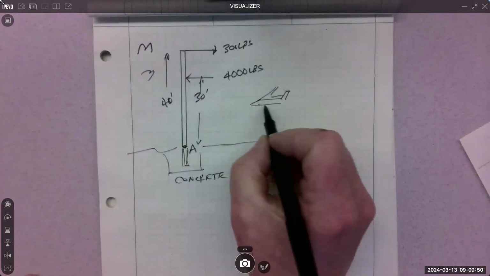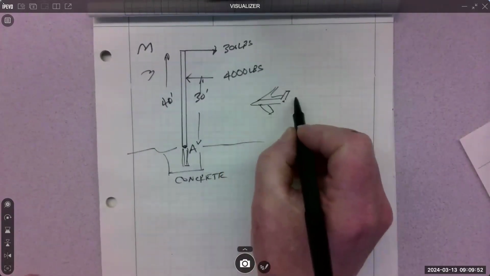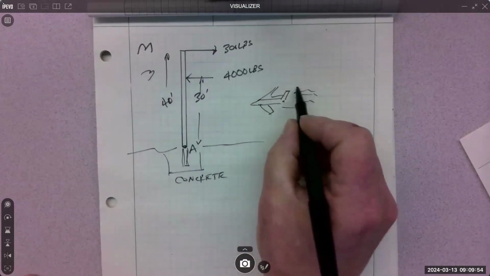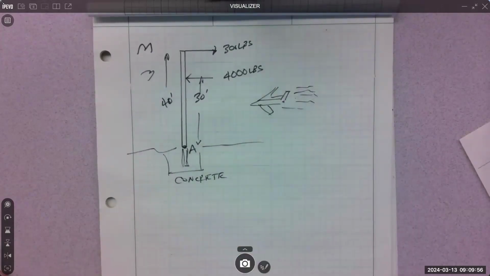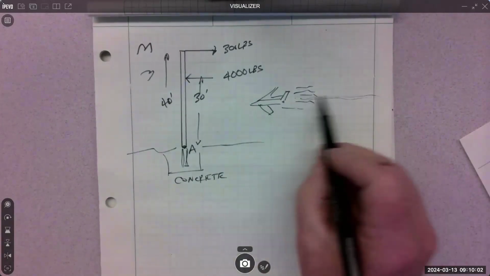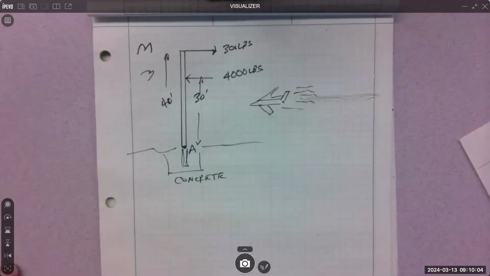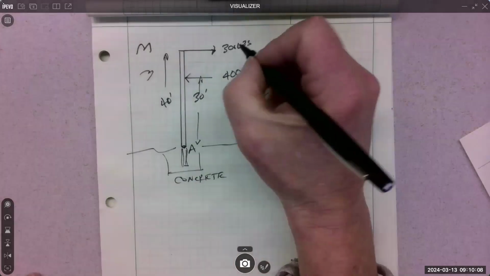Not a bad point. Yeah. It's like a, what's that called? The cloud, Tracer. 300 pounds? 300.